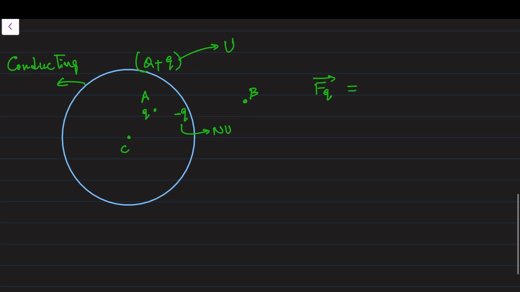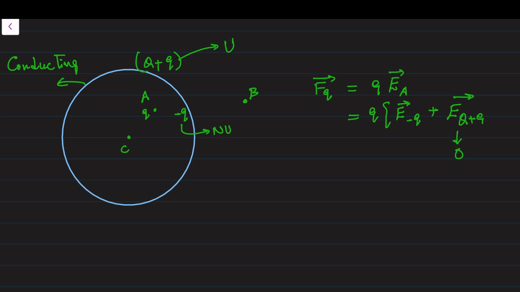Force experienced by q will be q multiplied by the electric field at the location of A, q. Now the electric field at A is due to two charges. One is due to minus q on the inner surface and the other due to the outer surface, that is Q plus q.